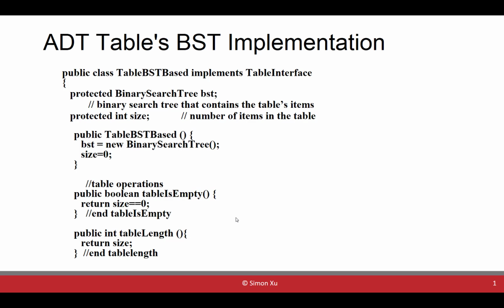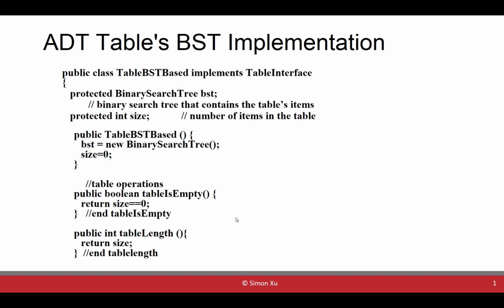We have already implemented our binary search tree class in chapter 10. Therefore, it is easy to implement our table with a binary search tree. We could directly use the retrieve, insert, and delete methods of the binary search tree class.